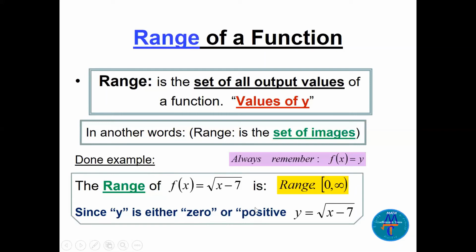We take positive because square root is always positive. So y is positive and 0. So the range will be from 0 close to infinity. Now later, maybe after a few lectures, when you graph this, or you can graph it now if you want, you will see the range, all the values of y, from 0 close to infinity.